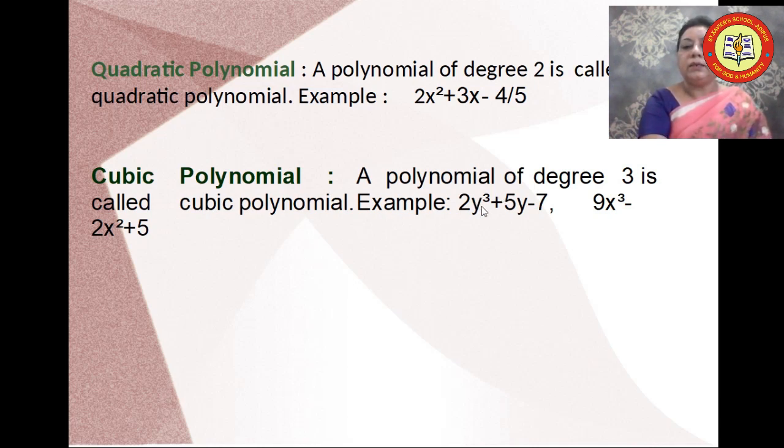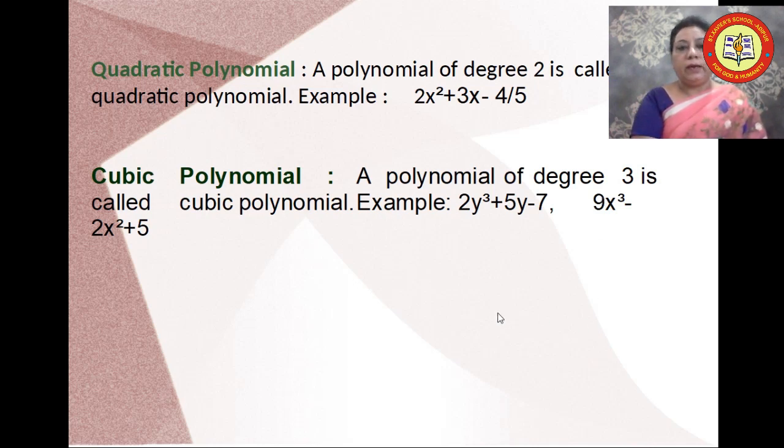But the highest exponent of the term is 3 in this given polynomial. So the degree of the polynomial is 3. That is, it is a cubic degree polynomial. Next example, 9x cubed minus 2x squared plus 5. Again you can see the highest exponent is 3. So this is also an example of a cubic polynomial.